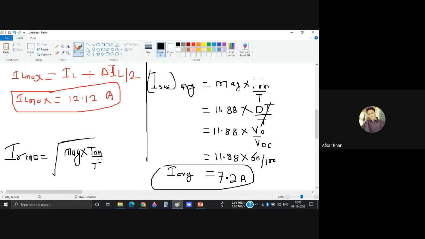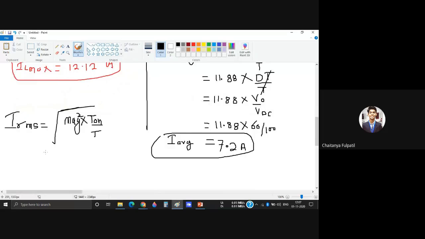What will you get for IRMS? So it is magnitude square. 9.2925. 9.29 is mentioned in an option.